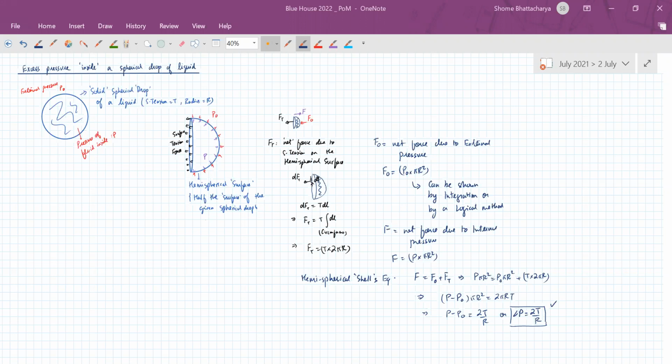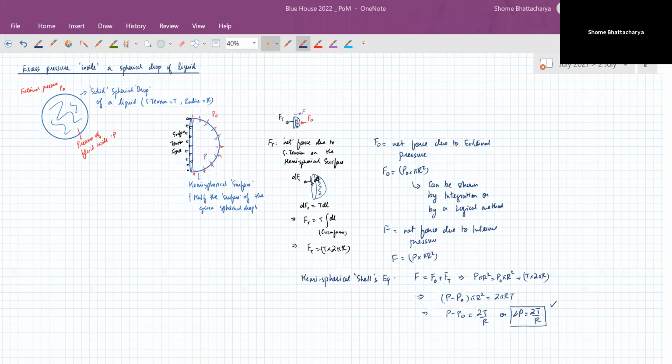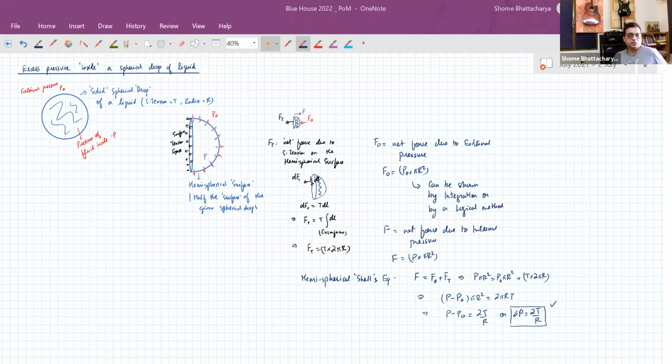Okay, so next let's understand how we get these two forces because of the external pressure and the internal pressure. One way is to understand this logically, which is quite easy.